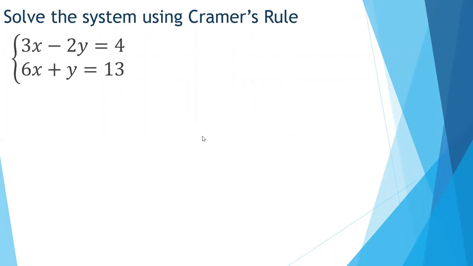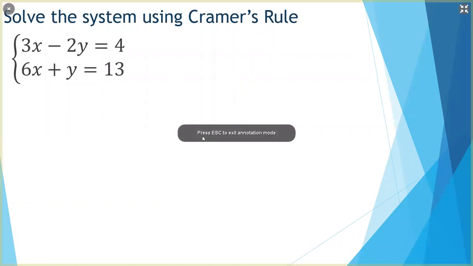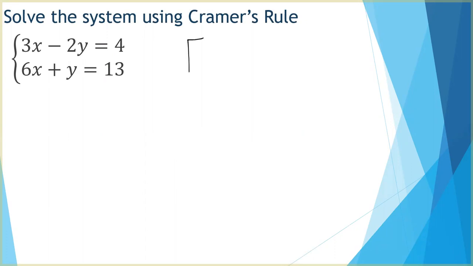Okay, so this is our system that we're going to solve, but we are going to use Cramer's Rule to solve it. So what we have is a system of equations. And in our system, if we were to make a matrix, it would be a 2x3 matrix.